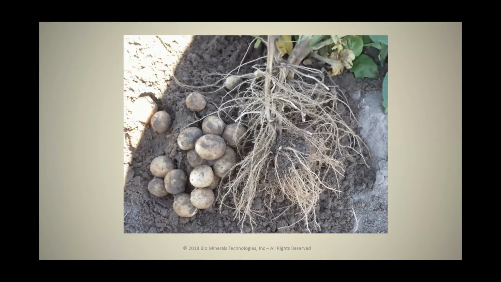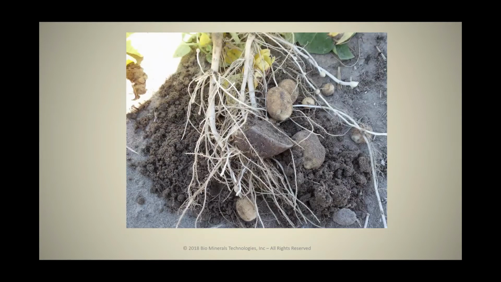So this potato plant tells us a very interesting story. If you know anything about potato plants, this is one plant with 17 uniform tubers or potatoes on it. I'm going to go to the next one real quick. This is the same type of plant 100 feet away in the same field under a different form of nutrition.